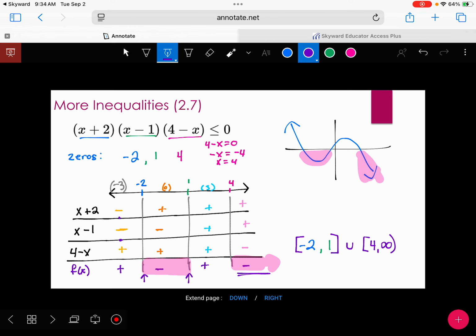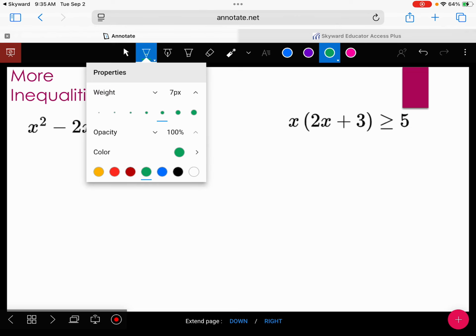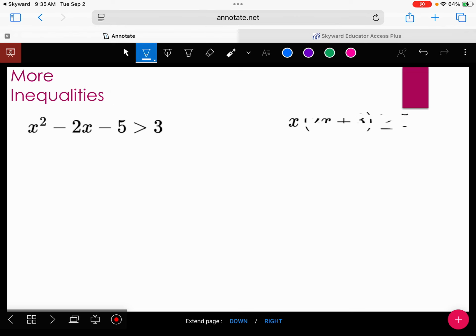Let's do one more of these, and then tomorrow we'll get into some funky ones. Because sometimes we don't actually give you it in factored form. Sometimes we give it to you written as a quadratic. So we've got x squared minus 2x minus 5, and we want to know when that's greater than 3. Uh-oh. So not only do they not give it to you in factored form, it doesn't have a 0 on it.